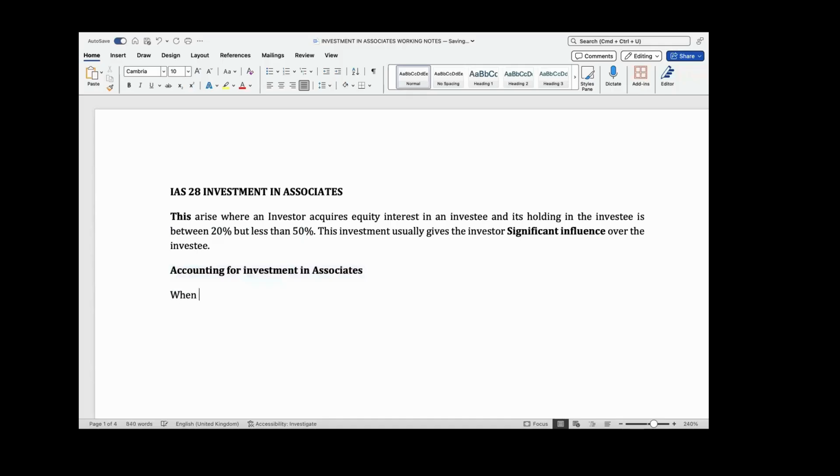So when an investor has an investment in associates, it will account for the investment in the consolidated financial statements using what we call the equity method.